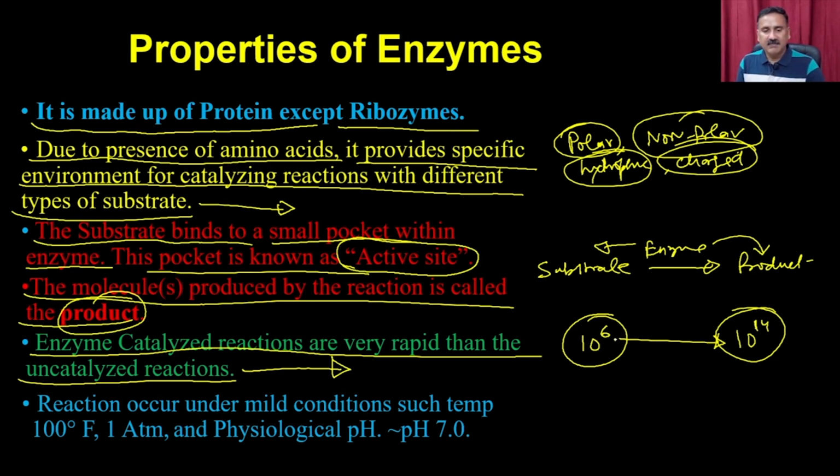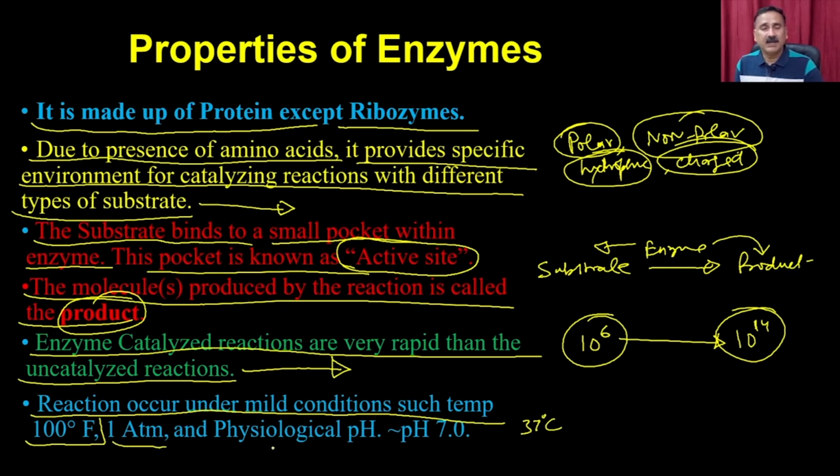Reactions occur under milder conditions, because non-enzymatic reactions require very harsh conditions, for example 100 degrees Celsius and so on. Whereas enzymatic reactions occur under very mild conditions, which means 100 degrees Fahrenheit, approximately 37 degrees Celsius, 1 atmospheric pressure, and physiological pH.